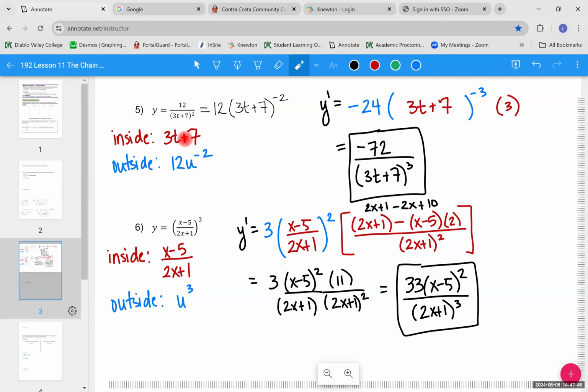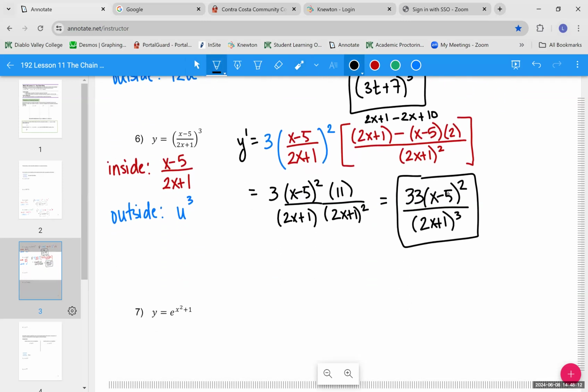Keep my u, my inside, the same, and then multiply by the derivative of 3t plus 7, which is just 3. So I'm just going to multiply together my constants and kick my negative exponent down to the denominator. Trust me, that was a lot easier than trying to apply the product rule. Not the product rule, the quotient rule.